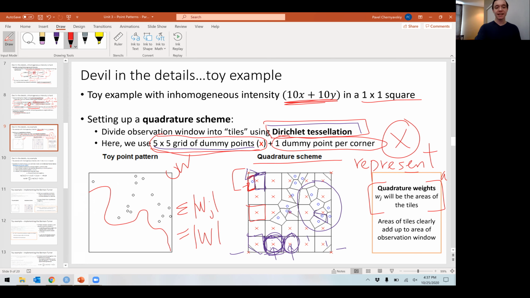So yes, intensity increases as we get into this top right corner, but that doesn't mean that a point is impossible down here in the bottom left. Just the expected number of points per unit area is far smaller here than here. I think I've beat this horse enough. We can move on.